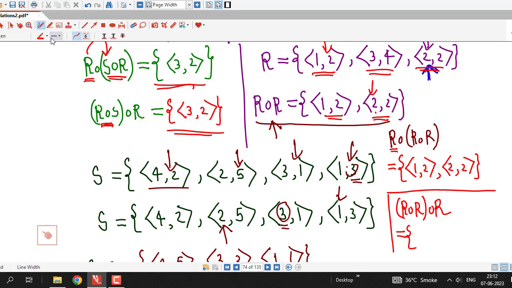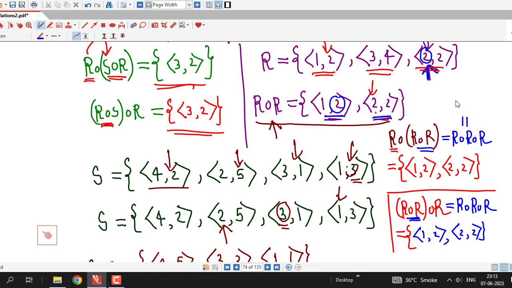If I write R composite R first, then I start with these ordered pairs. (1,2) belongs to R composite R, and I search for the ordered pair whose first component is 2. (2,2) belongs to R. Therefore we have (1,2) in this relation, and here I have (2,2). So either grouping gives equal results, because of the associative property of composition of relations. So this is R composite R composite R.